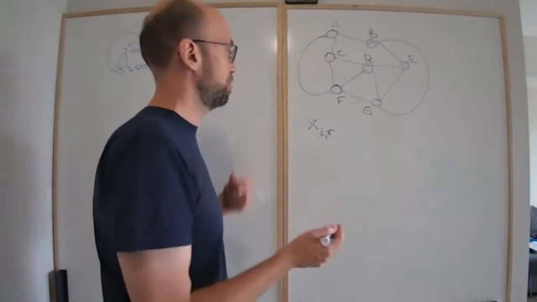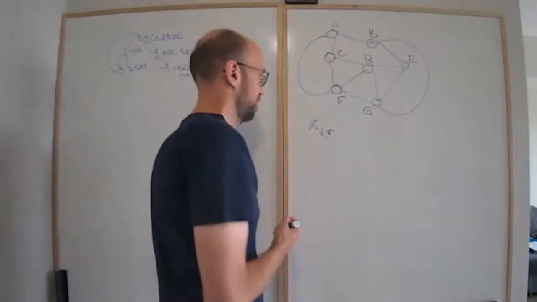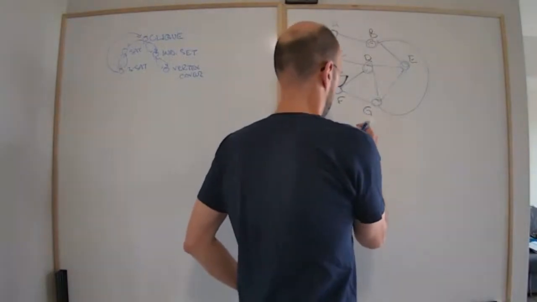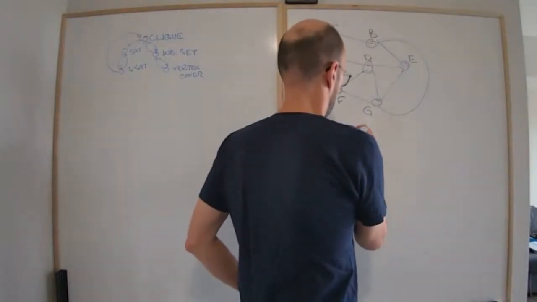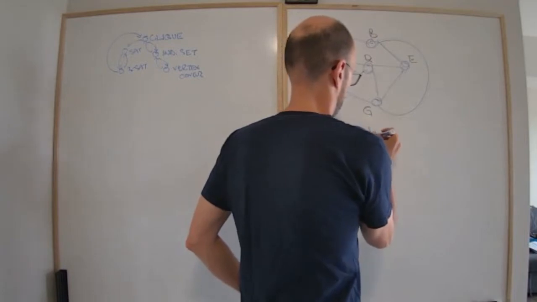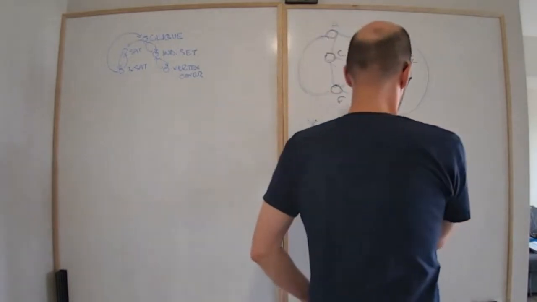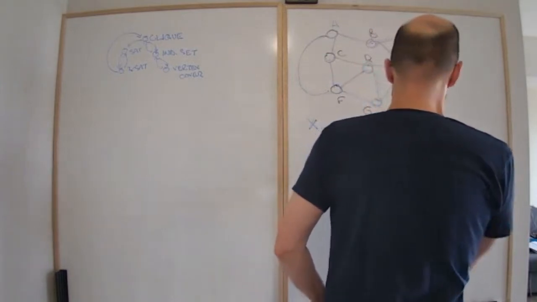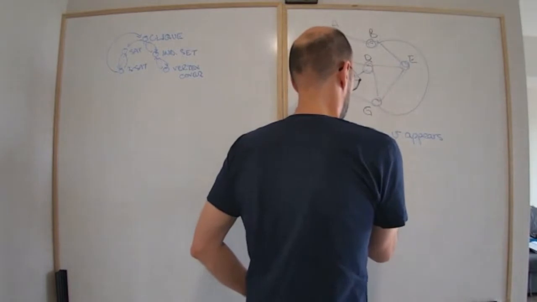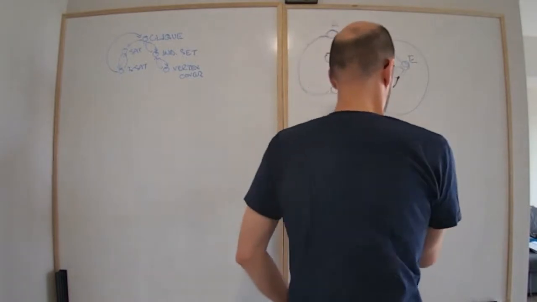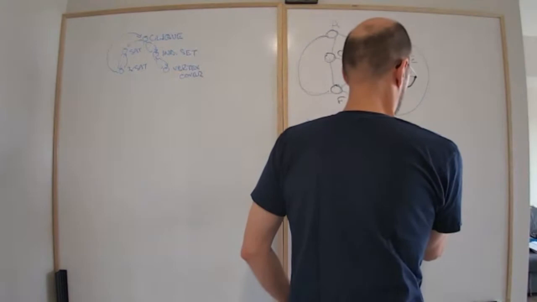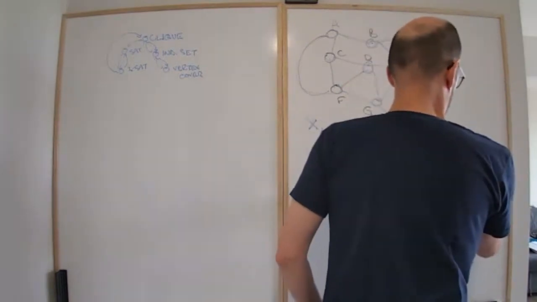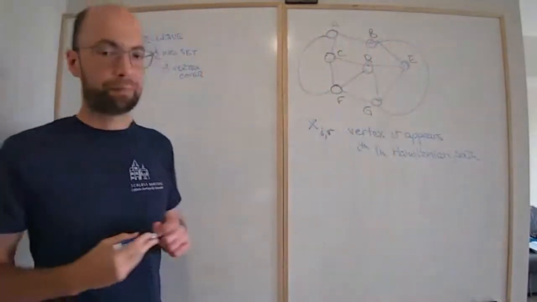Okay, so I have diagrams in black, writing in blue, or maybe you can see it when I write in both. So this means that vertex v appears ith in the Hamiltonian path. Okay.